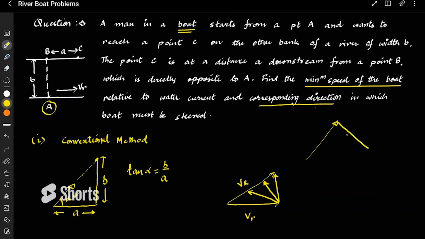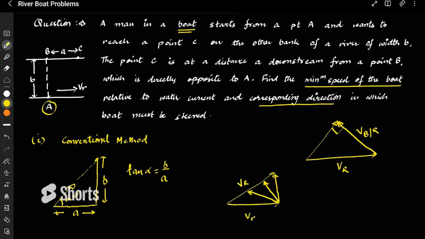So velocity of the river plus velocity of the boat with respect to the river, this has to be perpendicular to this.